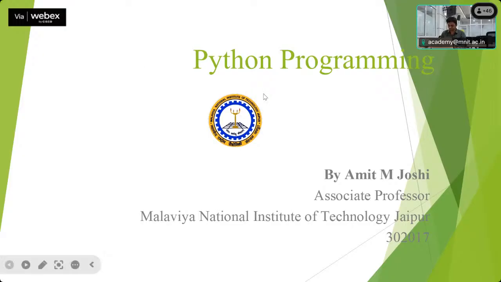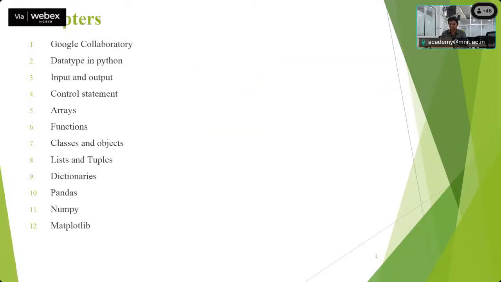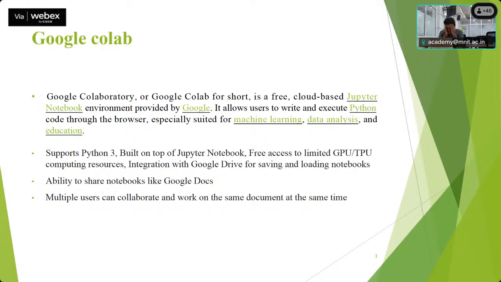So what is Python? Python is a language we basically use for data interpretation or data analysis purposes through machine learning. Google Colab is one of the applications where you can run your Python script.